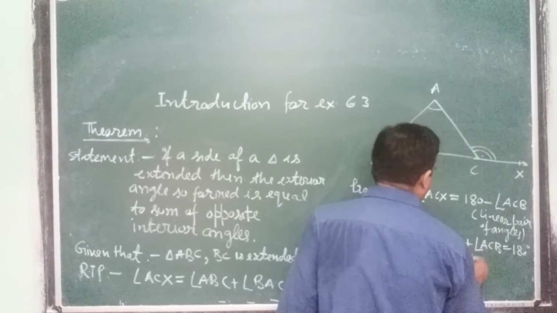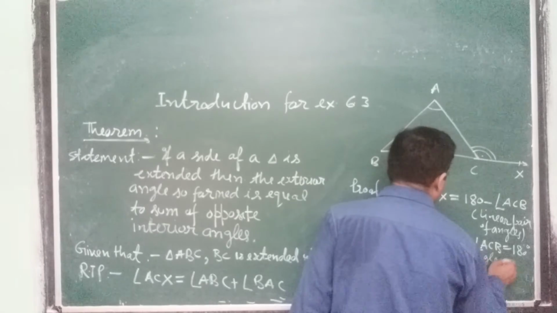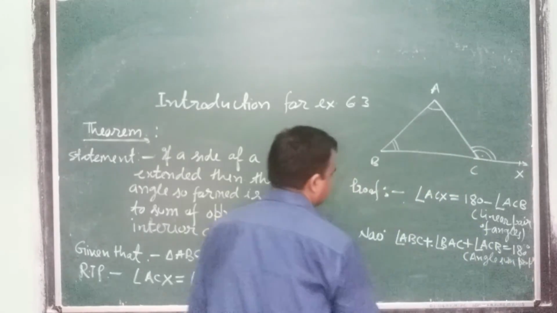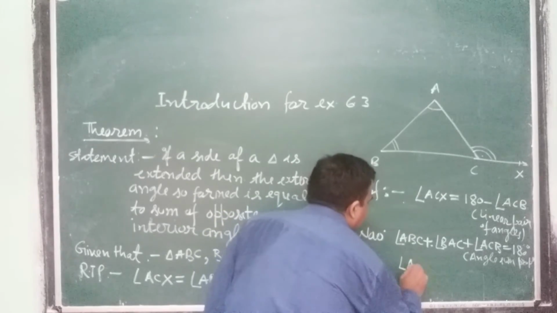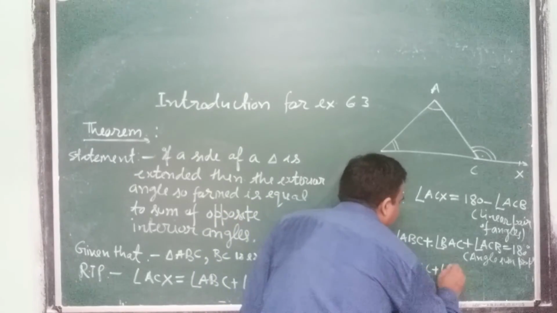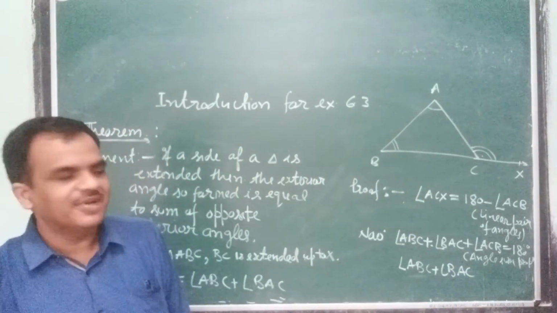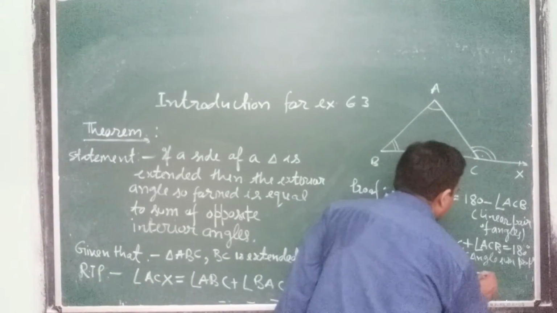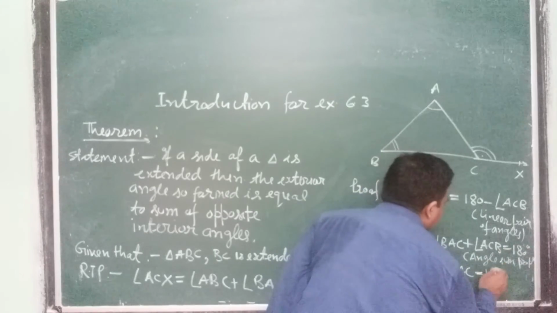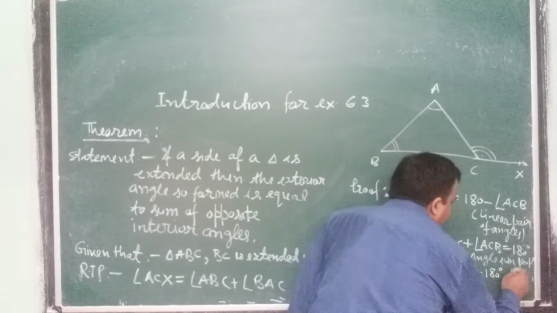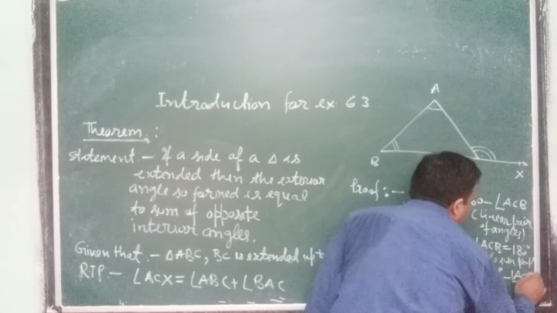So you may write angle sum property. Then angle ABC plus angle BAC, keeping these two on the left hand side, let us transfer this ACB to the right hand side: 180 degrees, when you transfer it, it will get subtracted, that is minus ACB.